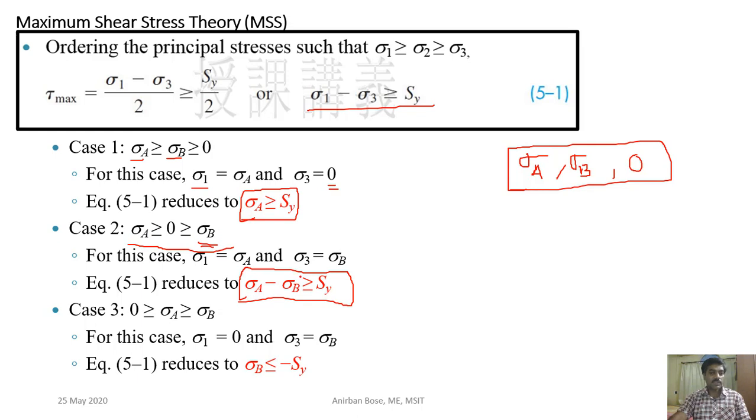So sigma 1 minus sigma 3 will be sigma A minus sigma B, which is greater than or equal to Sy for the failure of the component. Remember, all these conditions correspond to failure of the component.